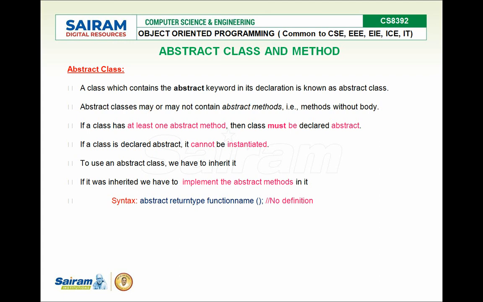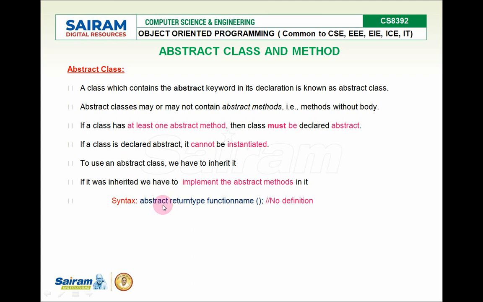In the subclass, the abstract methods must be overridden, redefined or implemented. If it is inherited, we have to implement the abstract methods. An abstract method doesn't have any definition, the method body is nothing, right? So the abstract method has to be implemented in the subclass.